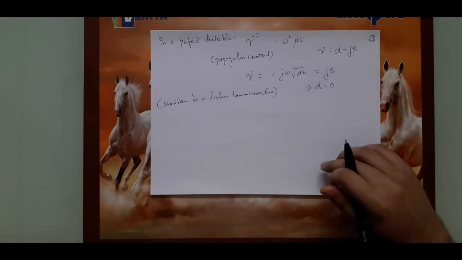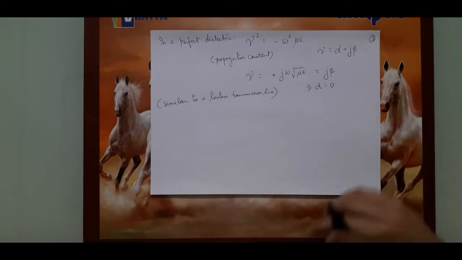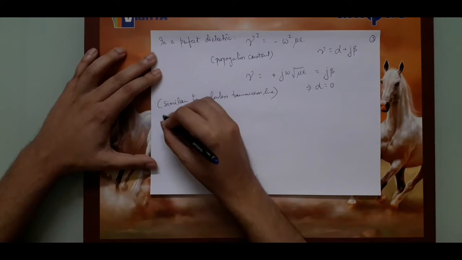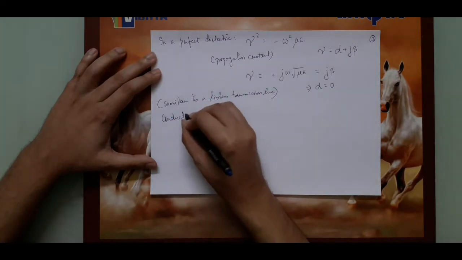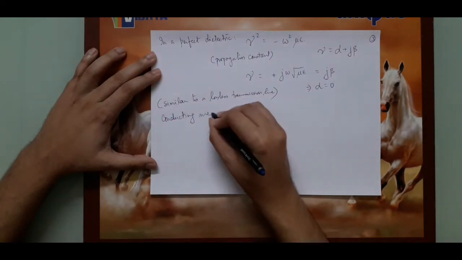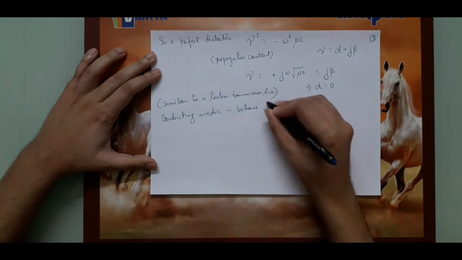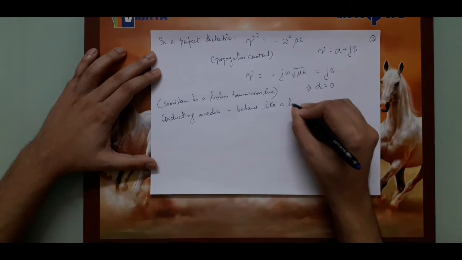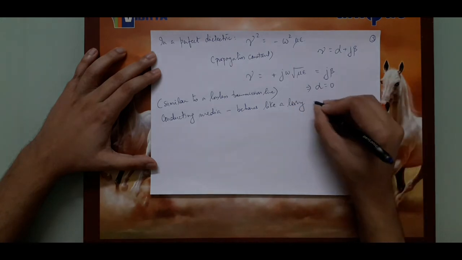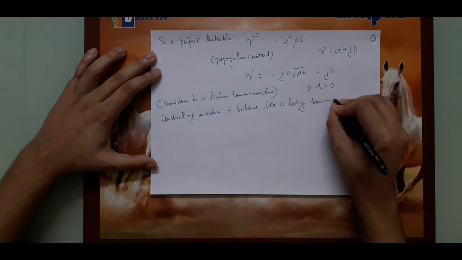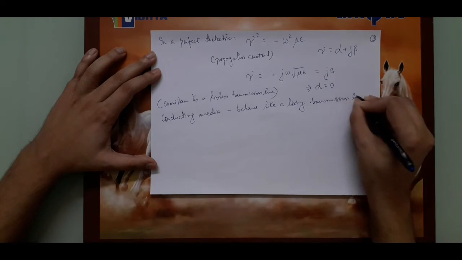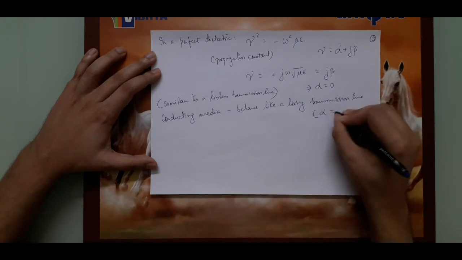So therefore, conducting media sort of behave like lossy lines, where alpha need not be equal to 0.